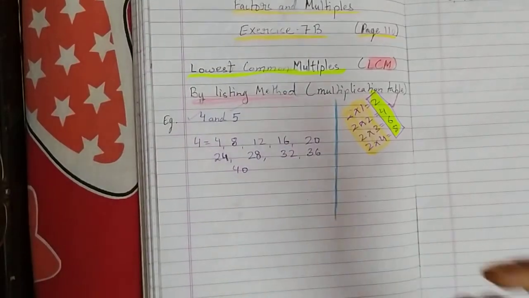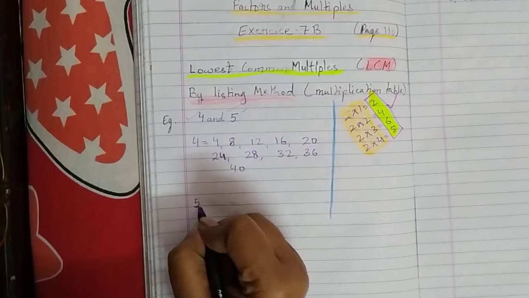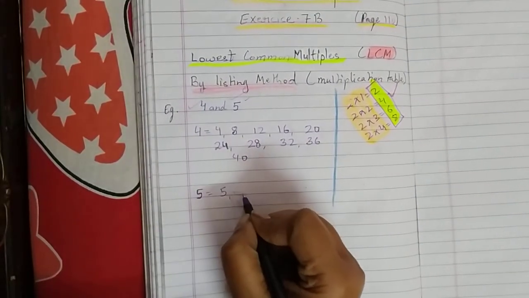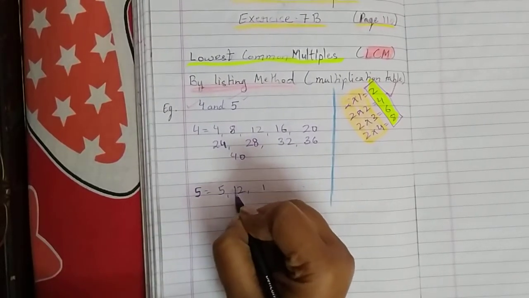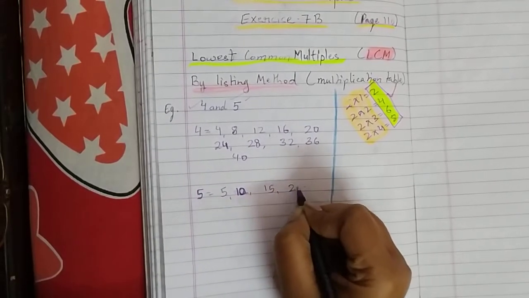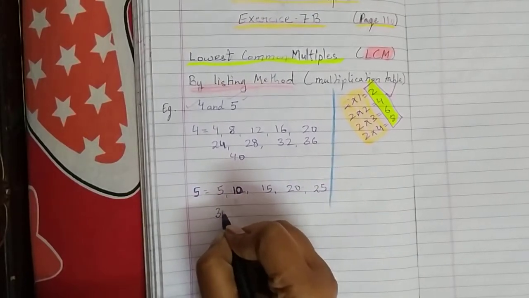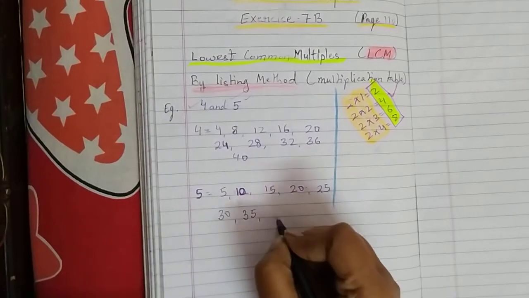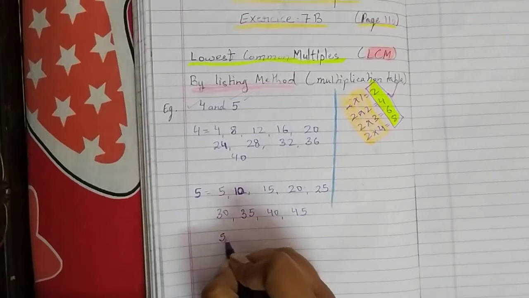Now write multiples of 5. 5 ones are 5. 5 twos are 10. 5 threes are 15. 5 fours are 20. 5 fives are 25. 5 sixes are 30. 5 sevens are 35. 5 eights are 40. 5 nines are 45. 5 tens are 50.